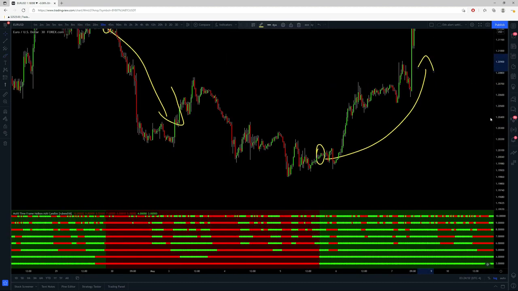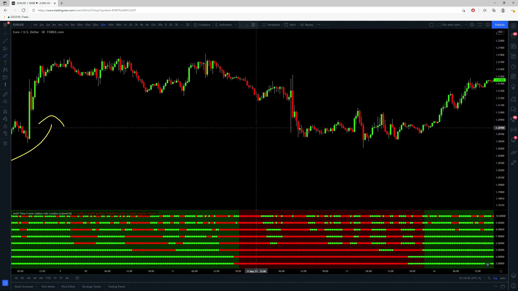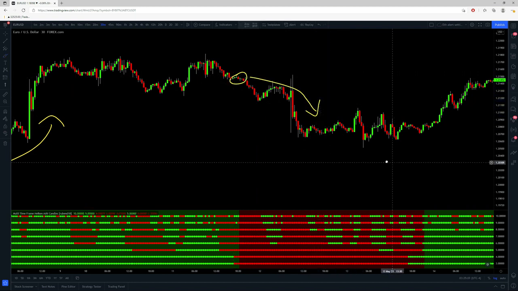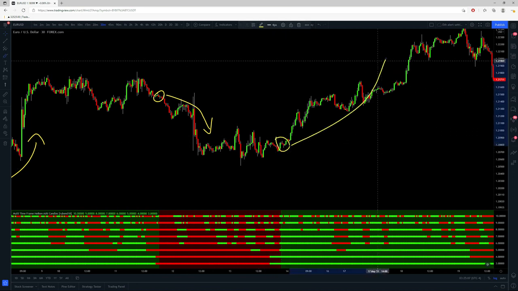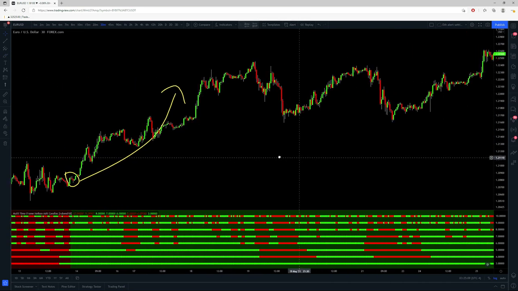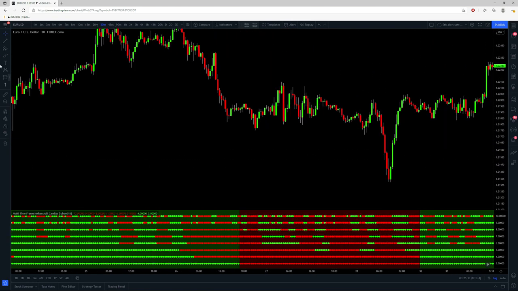I mean, you can just see all these that I'm going through, and I don't know how many more I'm going to go through, but you kind of get the point that this thing really does a phenomenal job. And we'll flip over to the Bitcoin chart here in just a sec, because you guys are going to get bored of seeing me go through Euro against the US dollar over and over again.